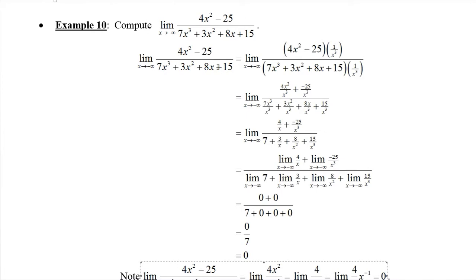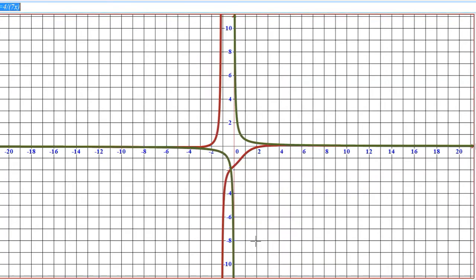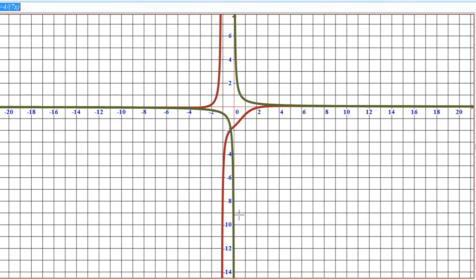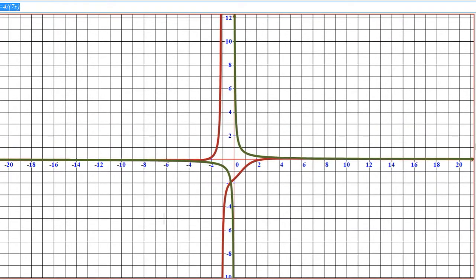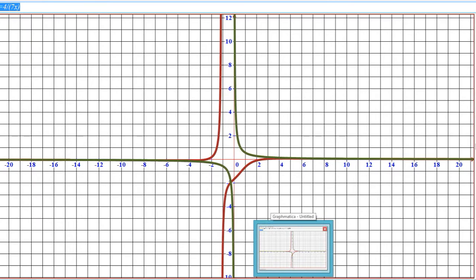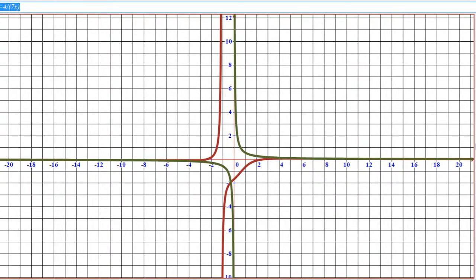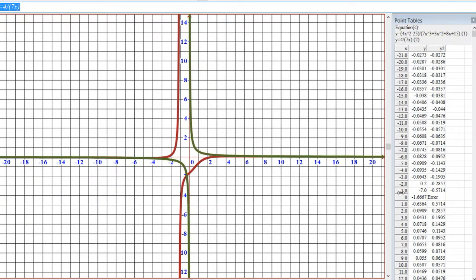But there's exactly one x value, and whatever that x value is, here it is. Looks like it might be -1. Okay, it's either -1 or something close to -1. Let's see. Let's look at a point table.